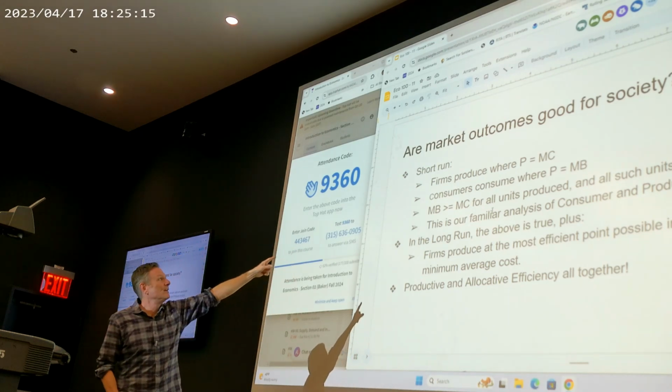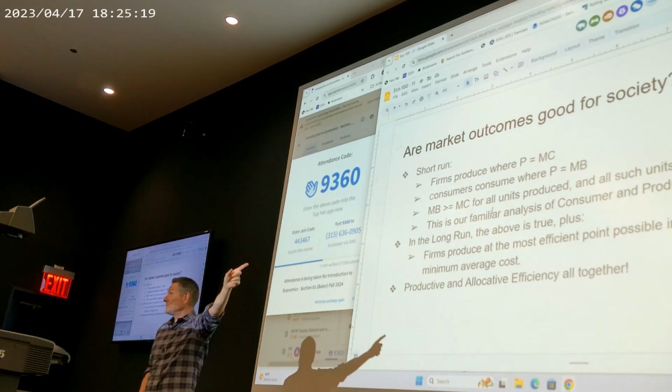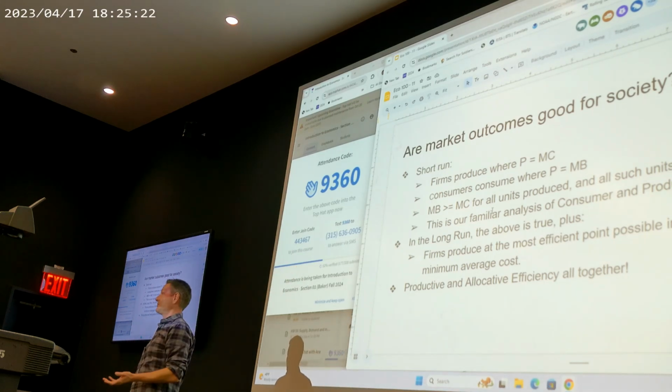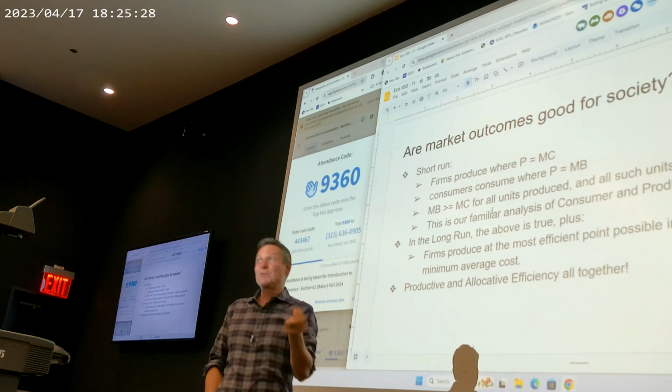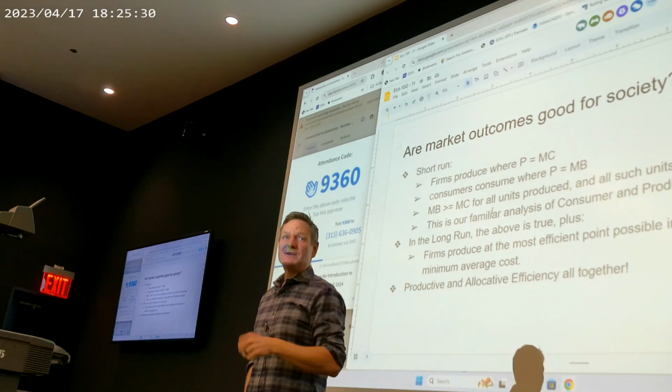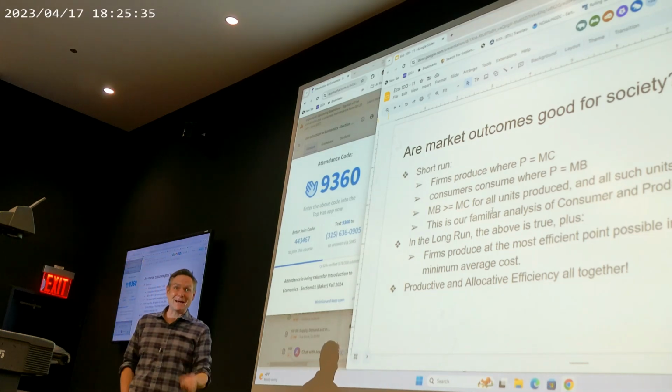Put another way, marginal benefits are greater than marginal cost for all units produced, and all such units are produced. The marginal cost of producing the very last unit in our competitive market is equal to about the marginal benefit. This is like our old argument about consumer surplus and producer surplus being maximized.